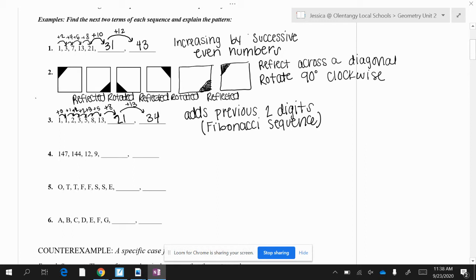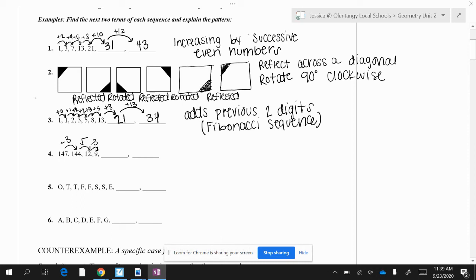So on this one right here, 147, we are subtracting by 3, but then how do I go from 144 to 12? So you can kind of mess around with that a little bit, but actually if you take the square root of 144, you would get 12. And then from 12, if you subtract 3, you'd get 9.